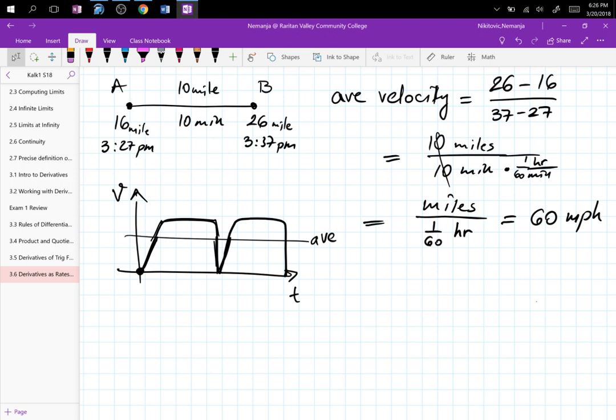So that's the instantaneous velocity. So instantaneous velocity is the speed that you have at the moment you observe, right? So that's technically what it is.